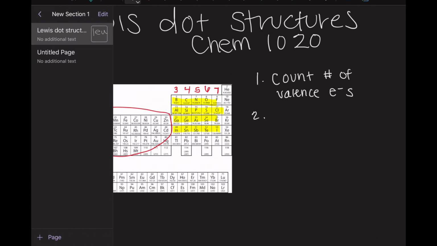Then, we'll set up a shell where each element will go in relation to each other. This is usually something that you'll be given in courses. And then number 3, we'll create bonds and add lone pairs.